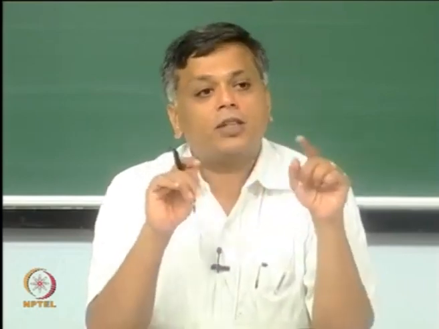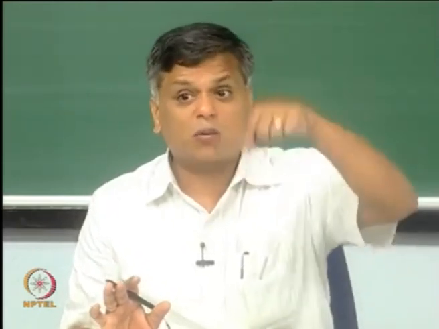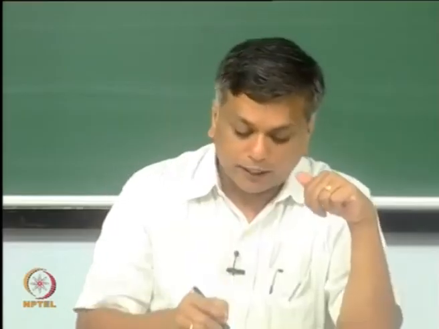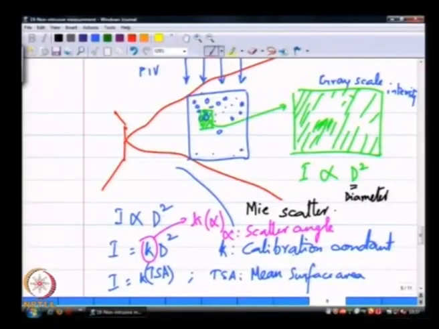So, I populate this light sheet with drops of a known size, and take the entire frame, knowing that I am supposed to get the same grayscale intensity at all points, as though I was looking at the entire image from the same scatter angle. That is where the calibration constant k has to be derived.